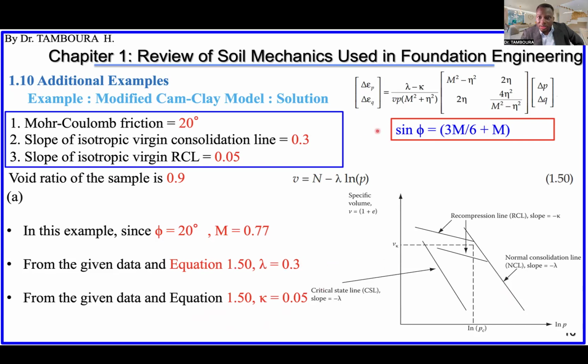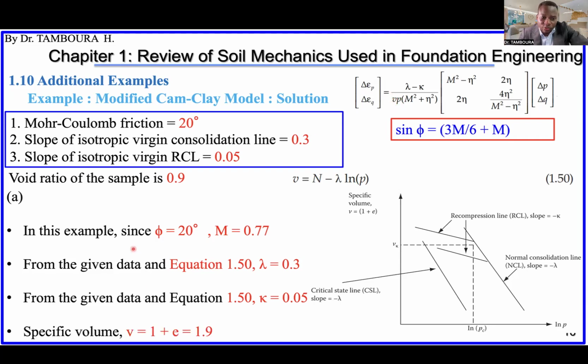So we have this lambda and we have kappa. Then we have also M. What is left is v and p. We will check p also. We'll check v. We need the v now.